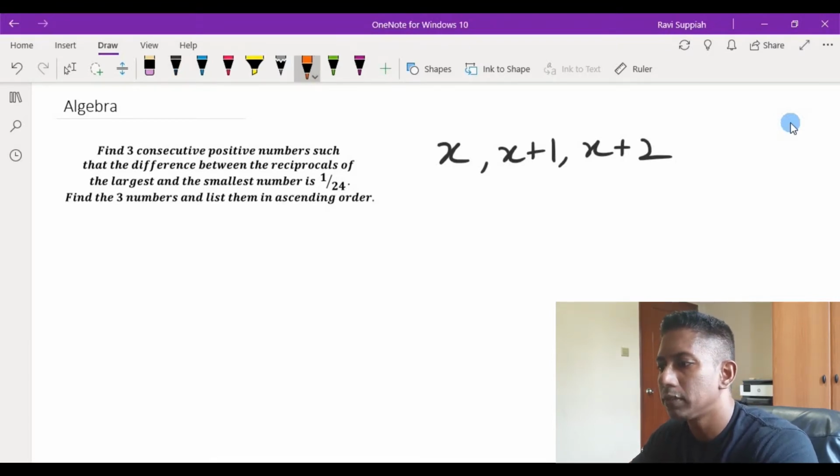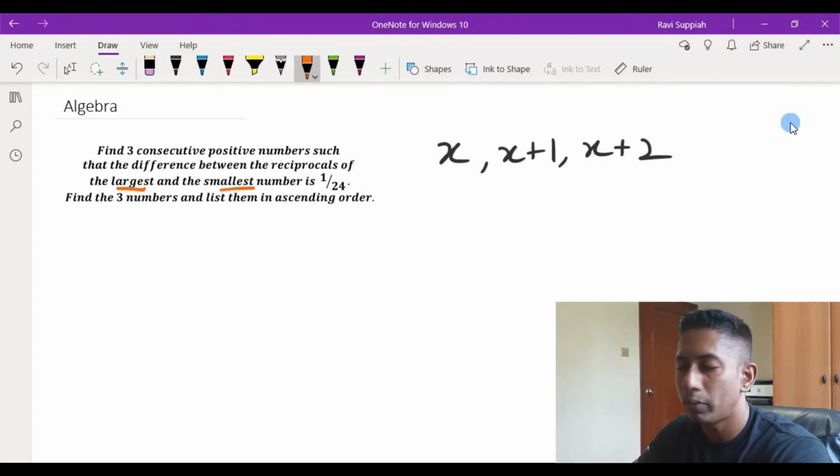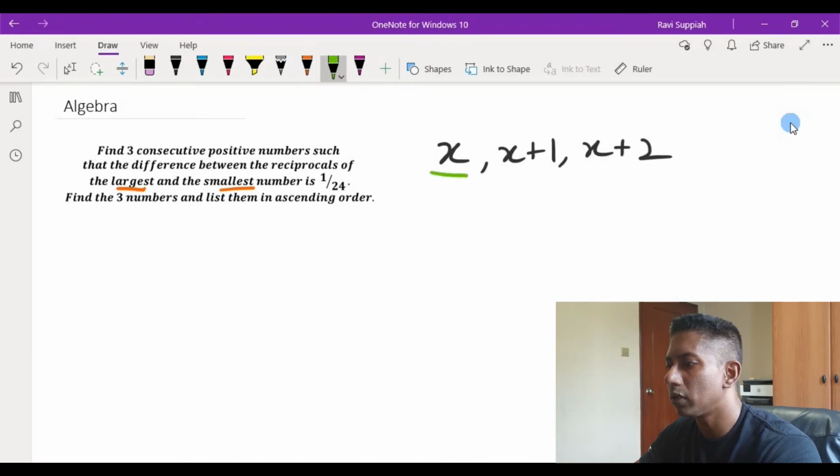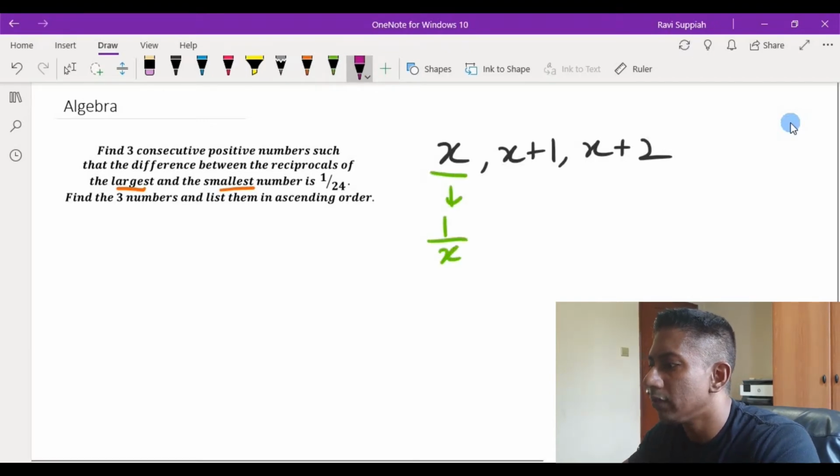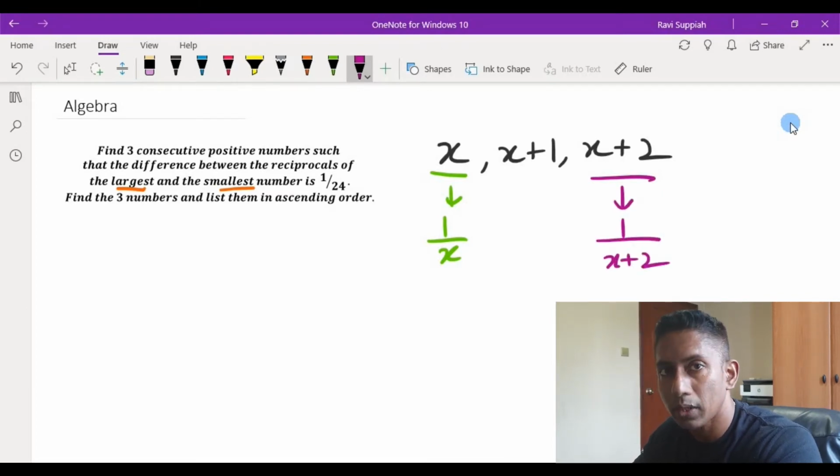We know that the difference between the reciprocals of the largest and smallest numbers is 1 over 24. Let's take the first number and the last number. The reciprocal of x would be 1 over x, and the reciprocal of x plus 2 would be 1 over x plus 2.